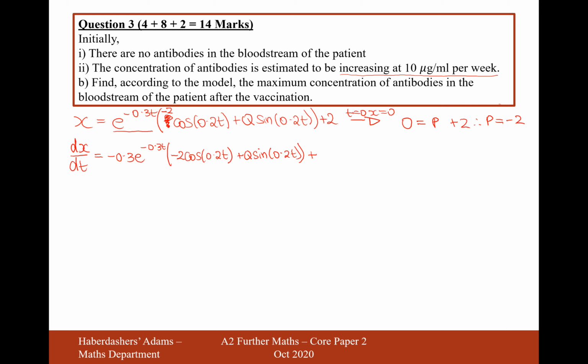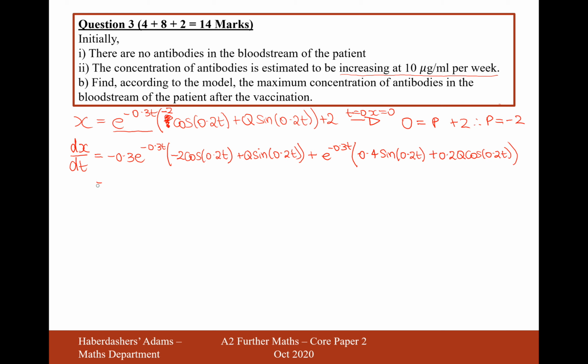And then leave the first one alone, differentiate the second one now. So inside the brackets differentiating now, that's going to be plus 0.4 sine 0.2t, and then plus 0.2q cos 0.2t.